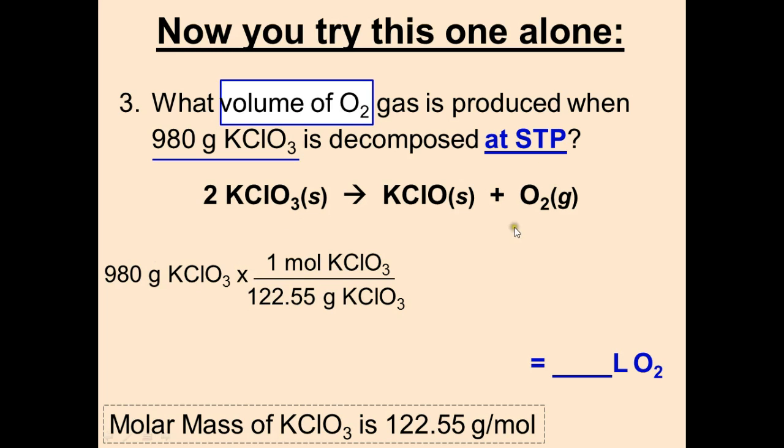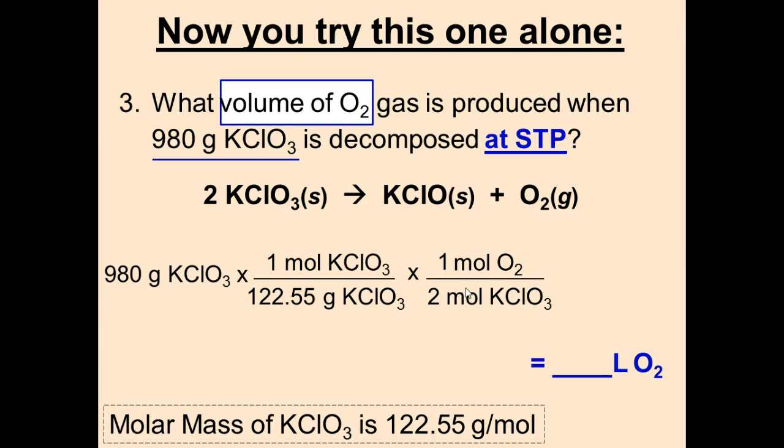So we use a mole to mole ratio. And remember, whatever's on the top of this fraction goes on the bottom of the next, so we cancel it out. So moles of KClO3 goes on the bottom, moles of O2 goes on the top. We get these two numbers from the coefficients, so we have a 2 in front of KClO3, so 2 goes down here, like that. And then 1 mole goes for oxygen because there's an imaginary 1 out here. So now that we're in moles of oxygen, check, we're all good.